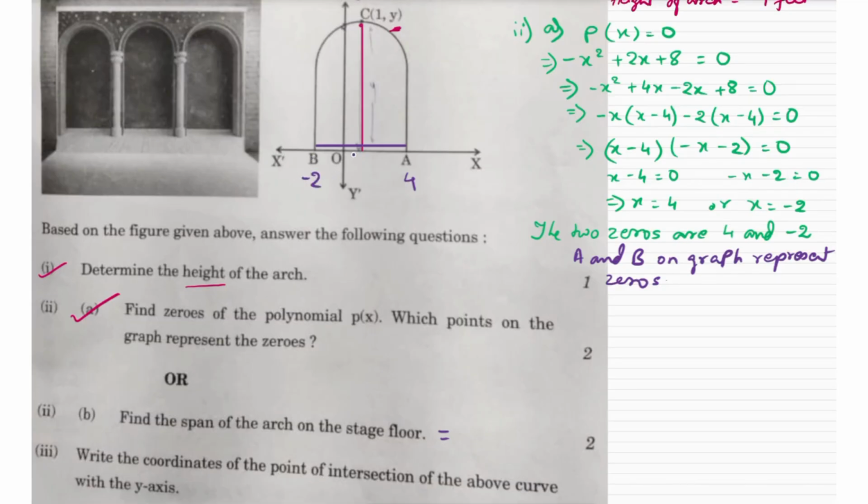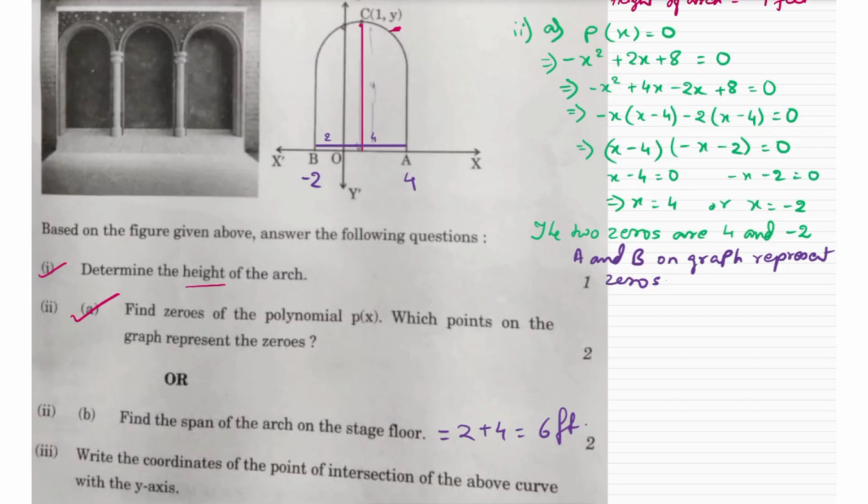So this part is 2 feet and this part is 4 feet. So the span of the arch on the stage floor would be 2 plus 4, that is 6 feet.